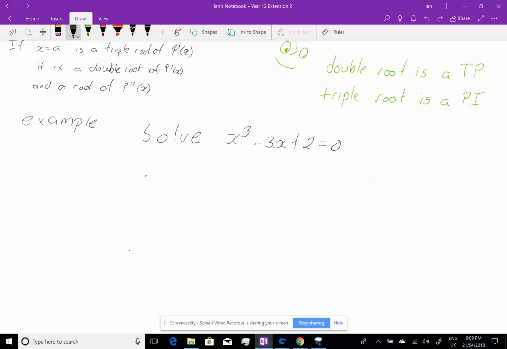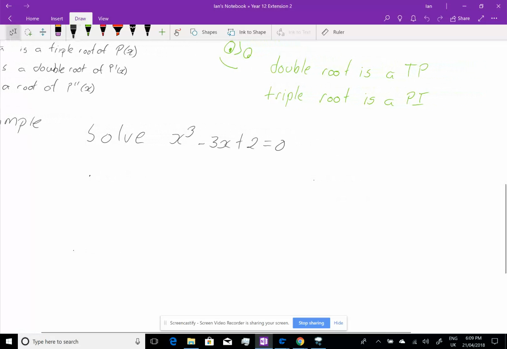So Cardano and all those characters solved cubic equations and they kept it all secret. Remember that? So there are formulas for this, but we don't need them because we can play with integer solutions to these. Now, they won't always be integer solutions and they might be complex solutions.